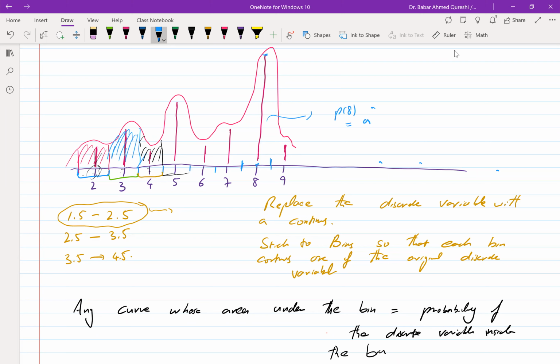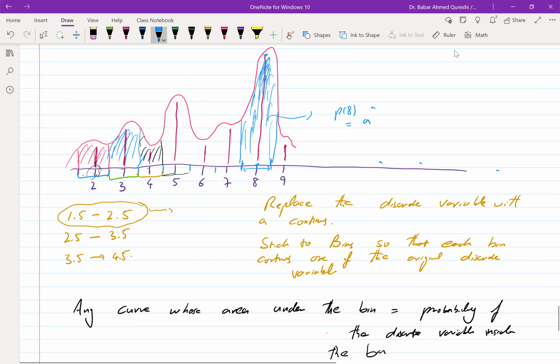I want to think of this whole thing as a continuous problem. So I say that I'm going to look for the probability of finding the person, finding the experience, inside this bin. Although I know it's going to be the guy with experience 8 only, I just transform the problem like this. And then since I have made the bin, it would be the area inside the bin.